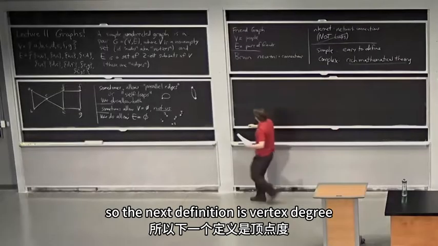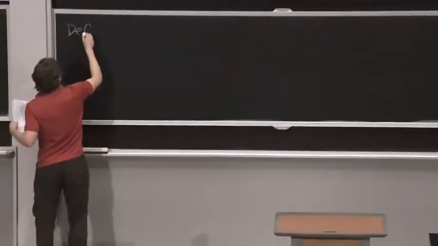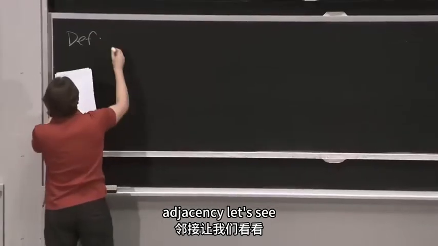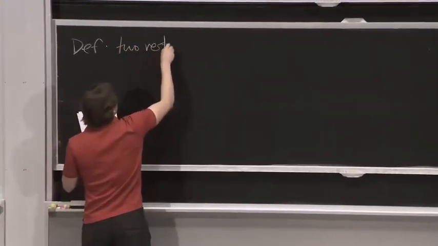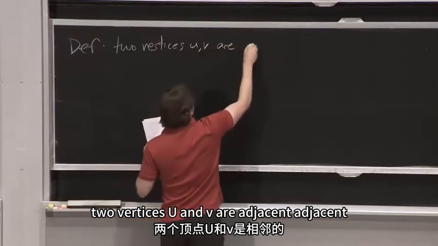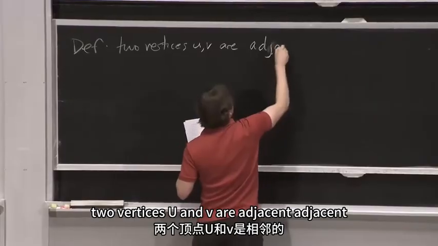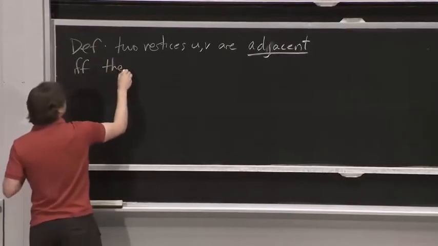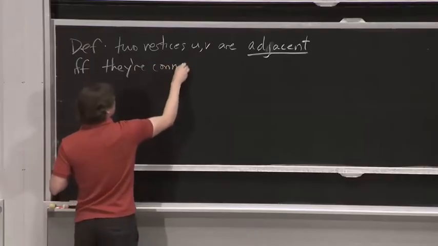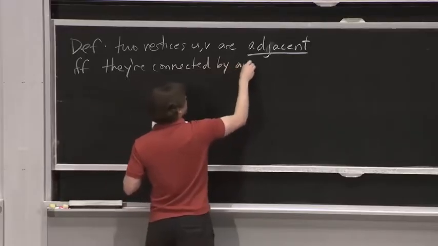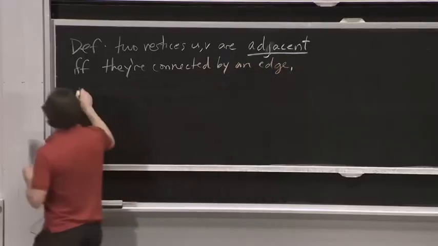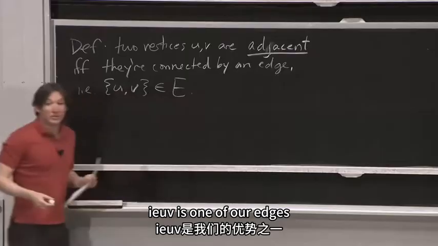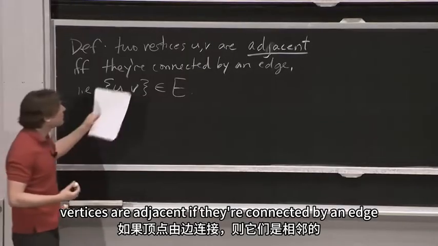The next definition is adjacency. Two vertices u and v are adjacent if and only if they're connected by an edge, i.e. uv is one of our edges. So their vertices are adjacent if they're connected by an edge.